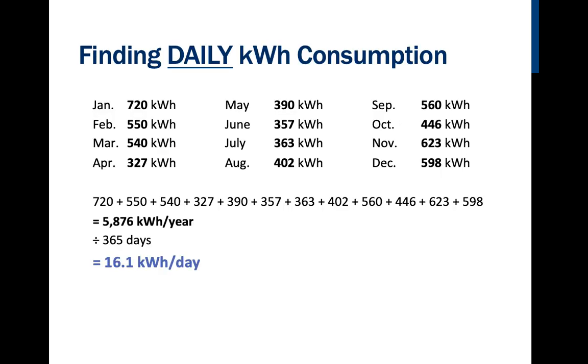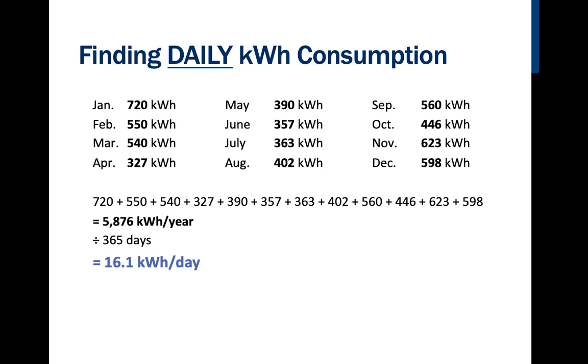All right, so here is 12 months of utility bills all added up to a grand total of 5,876 kilowatt hours per year. So this is like 50% of the average American home in the United States.